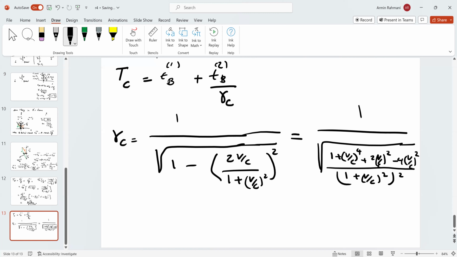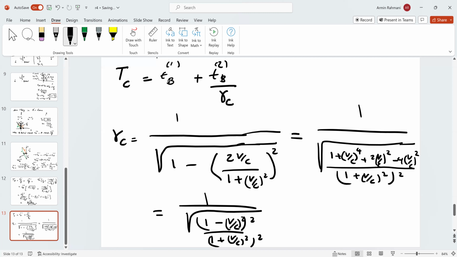So that's kind of nice because it gives me 1 minus v over c squared, right? It's going to be 1 plus v over c to the fourth minus 2 v over c squared. So this becomes 1 minus v over c squared, quantity squared, over 1 plus v over c squared, quantity squared. That gets killed off by the square root. So finally, I end up with 1 plus v over c squared over 1 minus v over c squared. So I know that gamma factor.